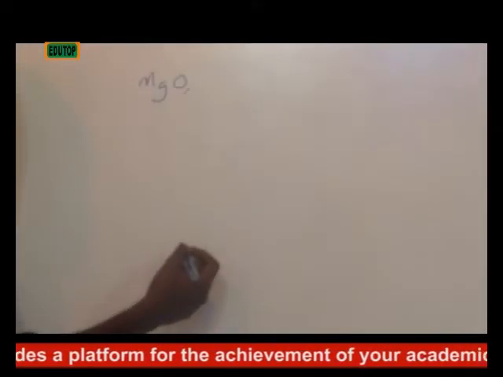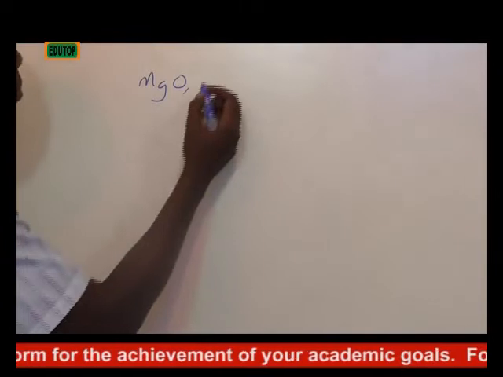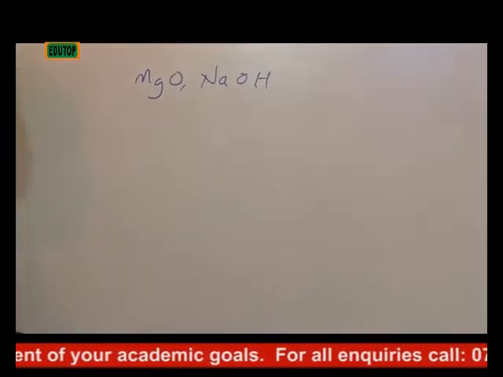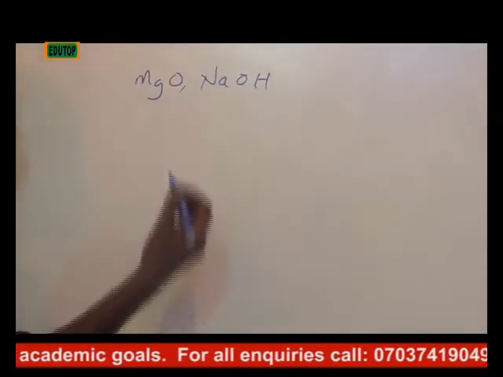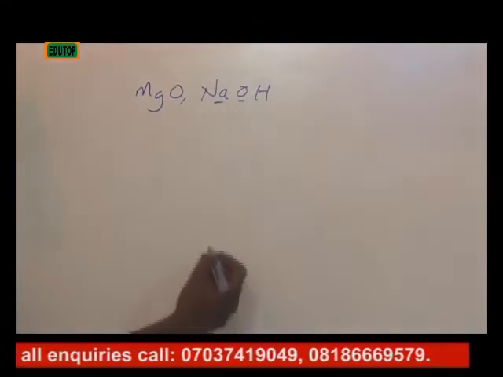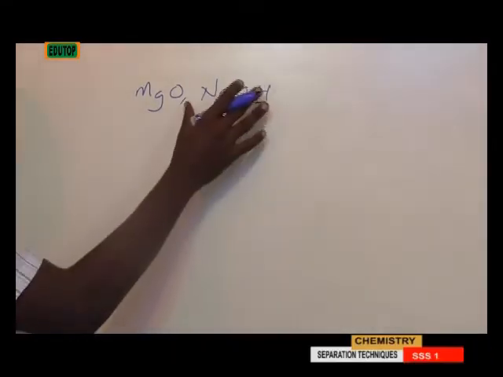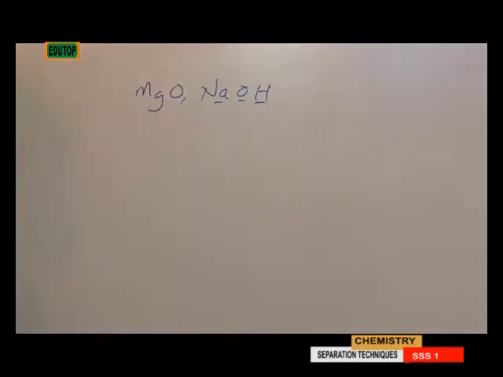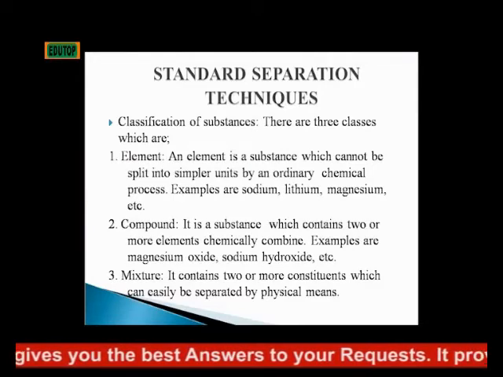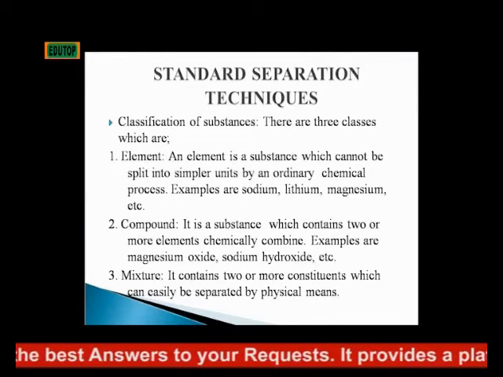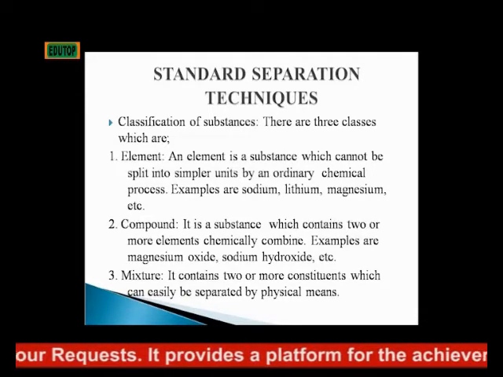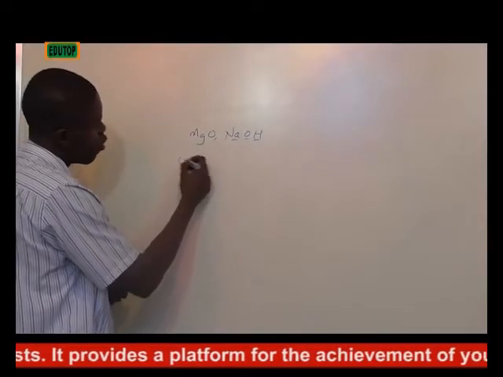Another one is sodium hydroxide. This one has three elements. Why it is called a compound is because you have sodium, you have oxygen, and you have hydrogen, which are chemically bound. Mixtures. It contains two or more constituents which can easily be separated by physical means. Examples of mixtures. You have your Coca-Cola.